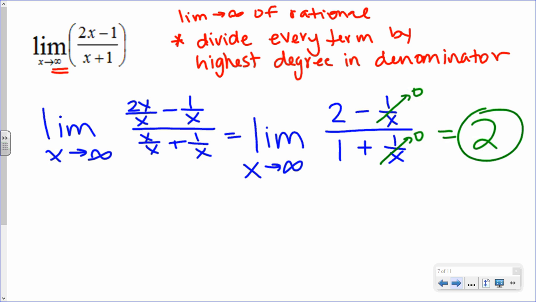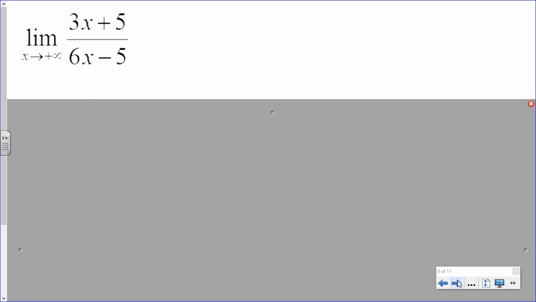You could have actually done this problem without knowing anything about limits, because you know information about horizontal asymptotes, right? Let's remember our horizontal asymptote rules. Okay? When the degree in the numerator is the same as the degree in the denominator, someone please tell me, where do we find our horizontal asymptote?